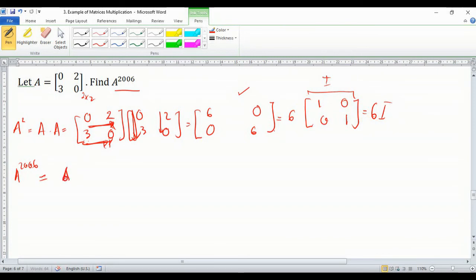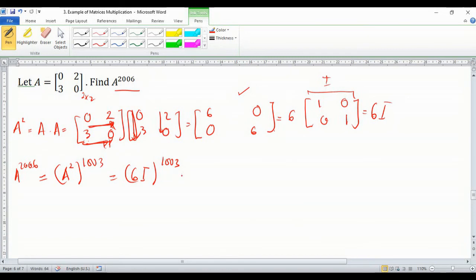So this one makes it A square, so if it is A square to the power 1003, because we know that A square is 6I, this one is 6 identity power 1003.